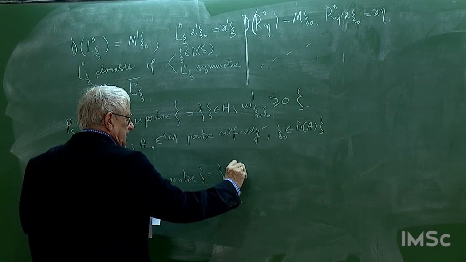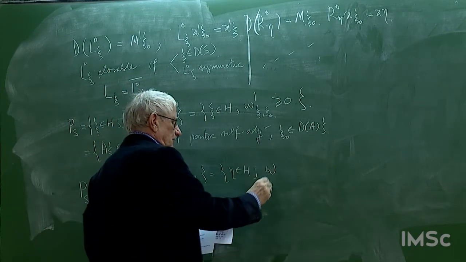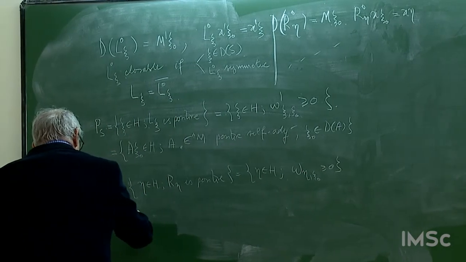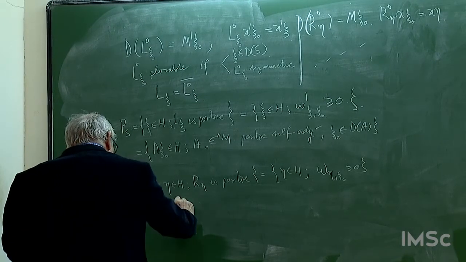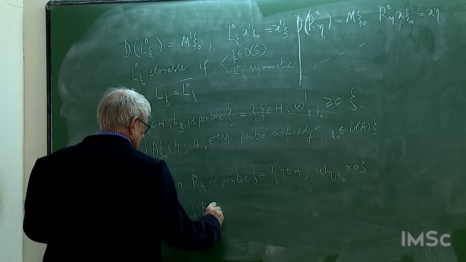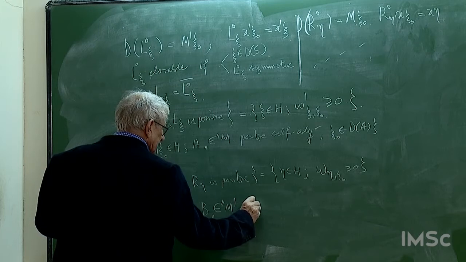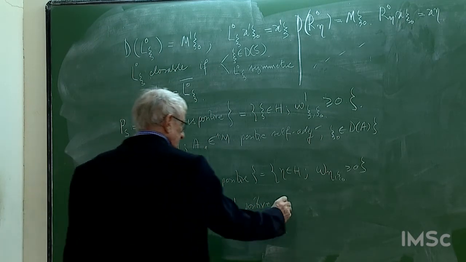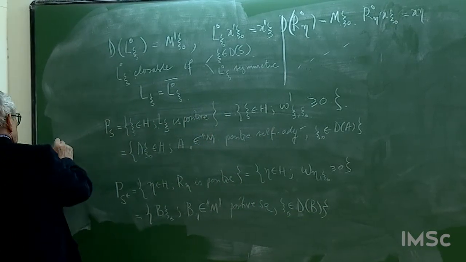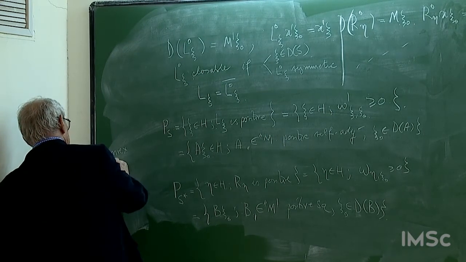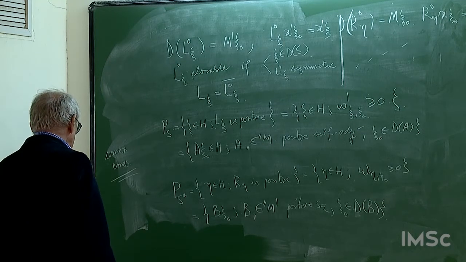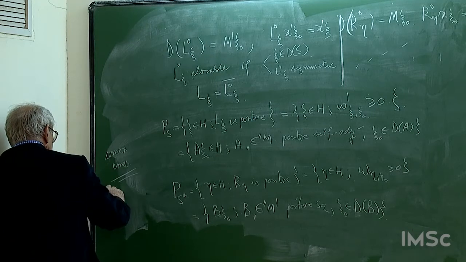This is all the vectors eta in H, such that omega on M of eta psi 0 is bigger than 0. And is the same thing as the set of the vectors of the form B psi 0, where B is affiliated to M prime, positive, self-adjoint, and psi 0 belongs to the domain of B. These two are convex cones. And as we will see immediately in the proposition that will follow, it follows that these convex cones are polar to each other.